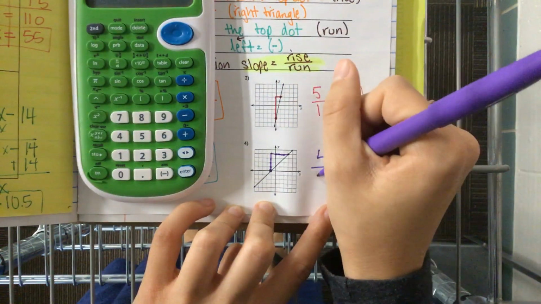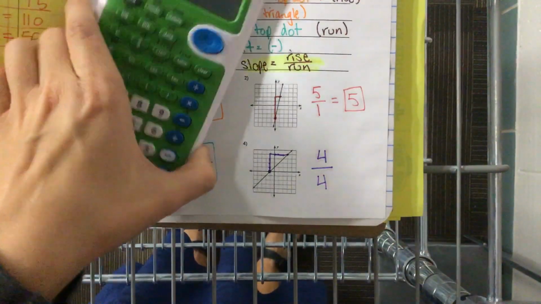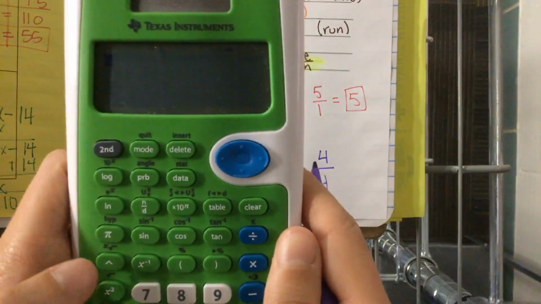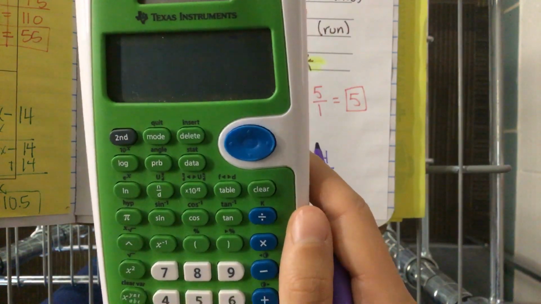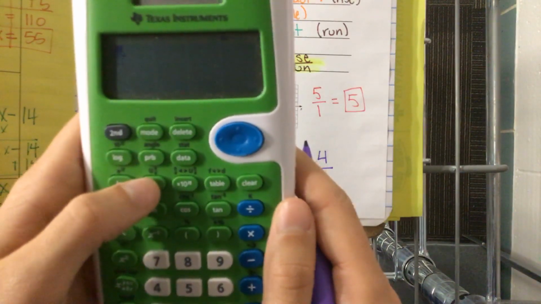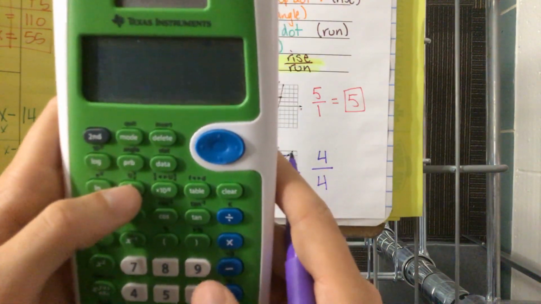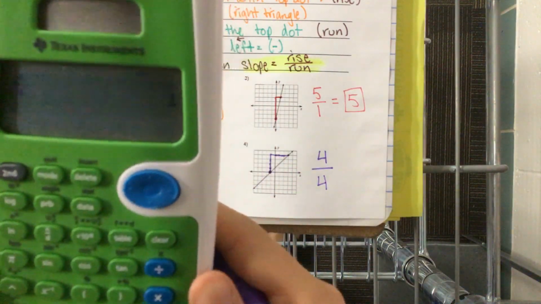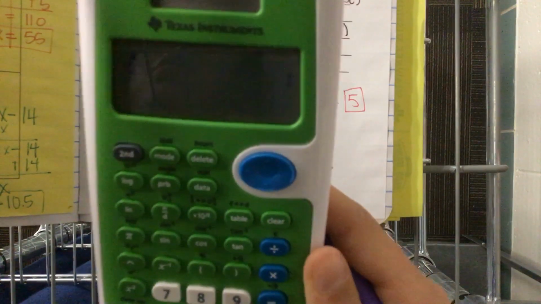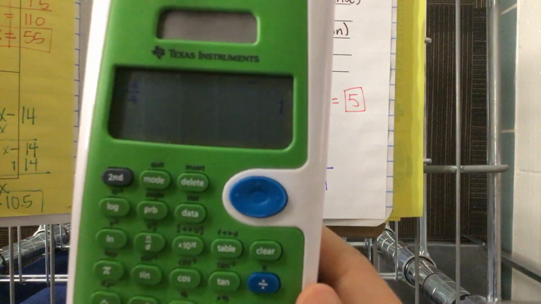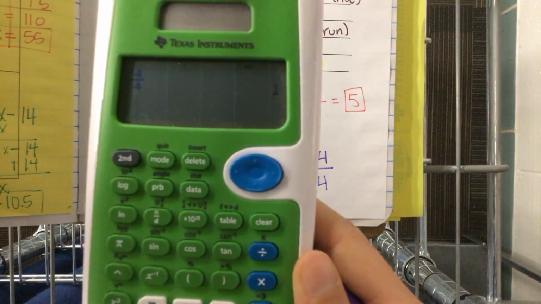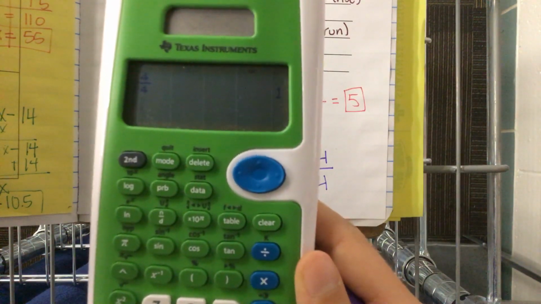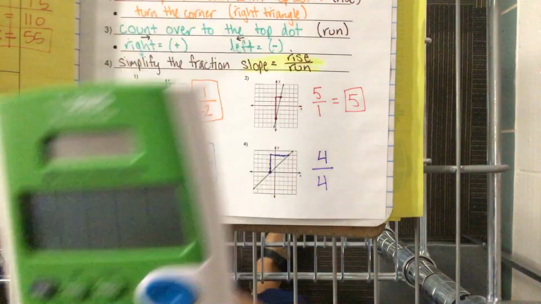N over D. 4 over 4. Hit enter, and we see that it simplifies to 1. So the slope is positive 1.